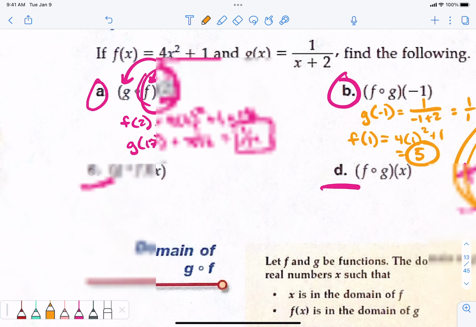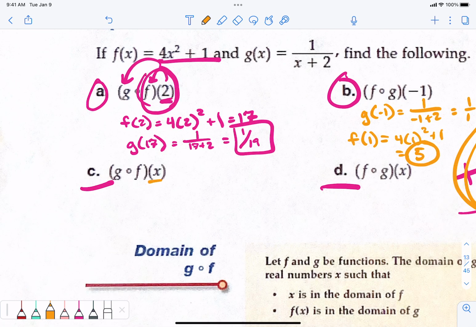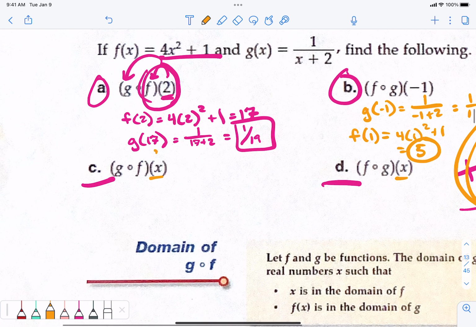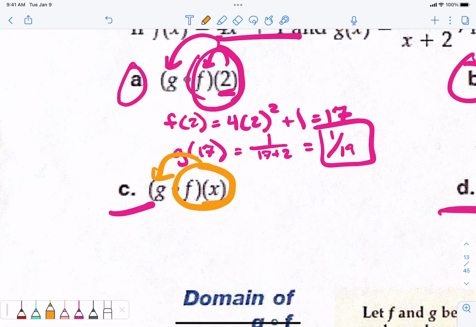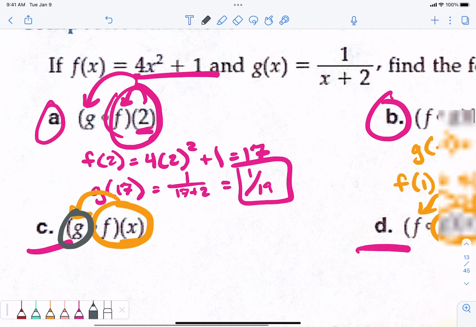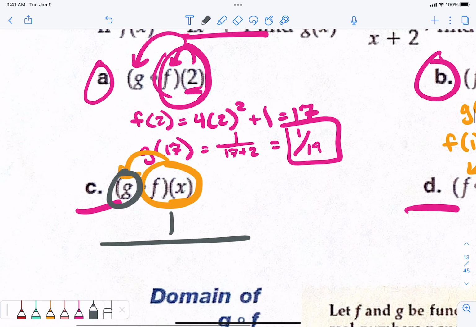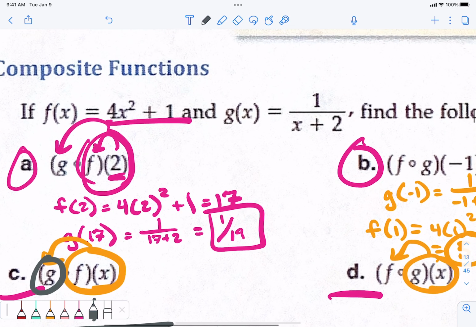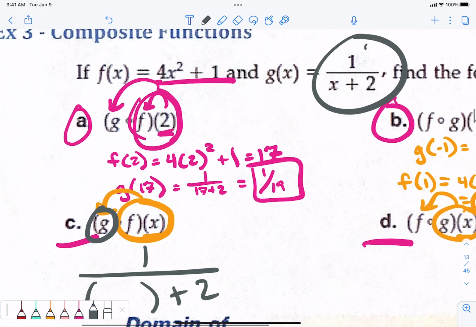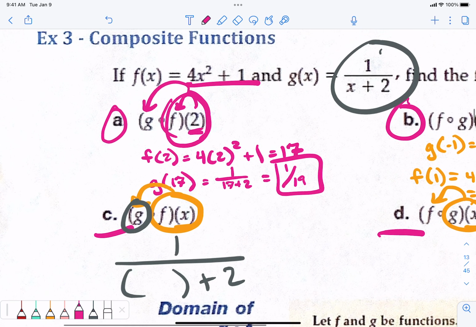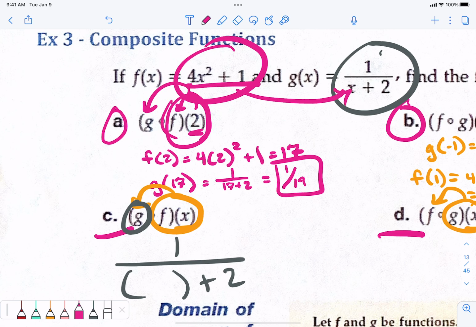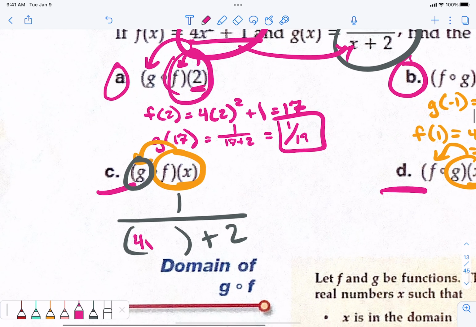When they have G composed of F of X and F composed of G of X, you're just plugging the F function into G or plugging the G function into F, okay? So this looks a little bit foreign. The G function is the outside function, right? So I'm going to start with G and I'm going to go 1 over X plus 2. That was the G function. But in place of that X, I'm going to put all of the F function, 4x squared plus 1.